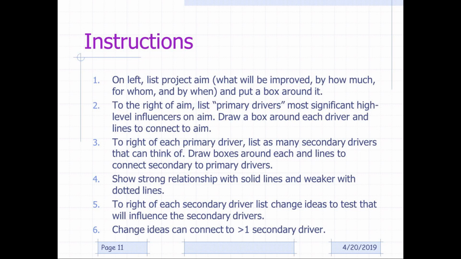Again, draw a box around each with lines to the primary drivers that they associate with. Show strong relationships with solid lines and weaker ones with dotted lines. To the right of each secondary driver, list ideas to test that will influence the secondary driver. Change ideas can connect to more than one secondary driver.